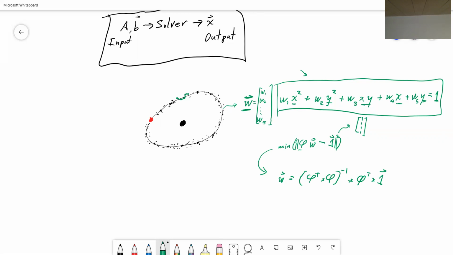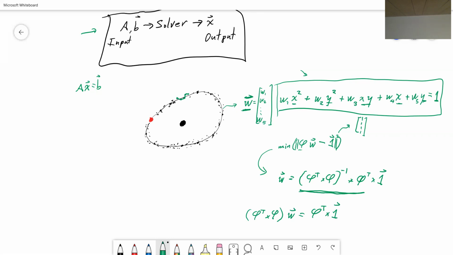But we want to write this in a way where we can actually use our solvers. Our solvers solve a problem of the type A times X equals B, and this is not exactly what we have. Here we have this expression, which is called the pseudo inverse of the matrix. That is not quite what our solver does, but we can rewrite this as V transpose times V times W equals V transpose times 1.